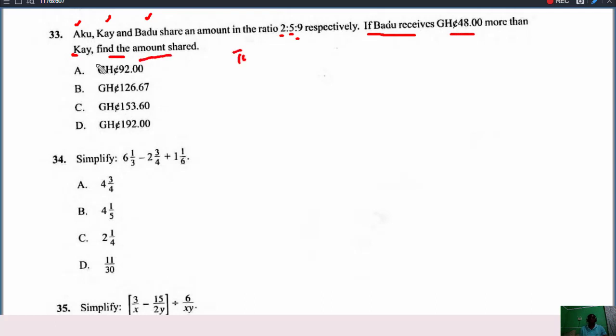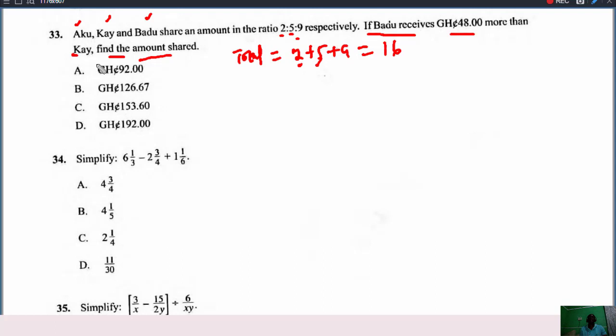So total ratio is equal to 2 plus 5 plus 9. And we are going to get 2 plus 5 is 7. 7 plus 9 is 16.